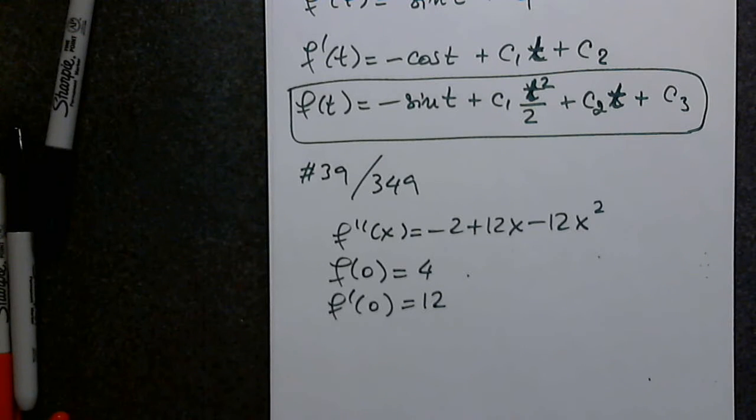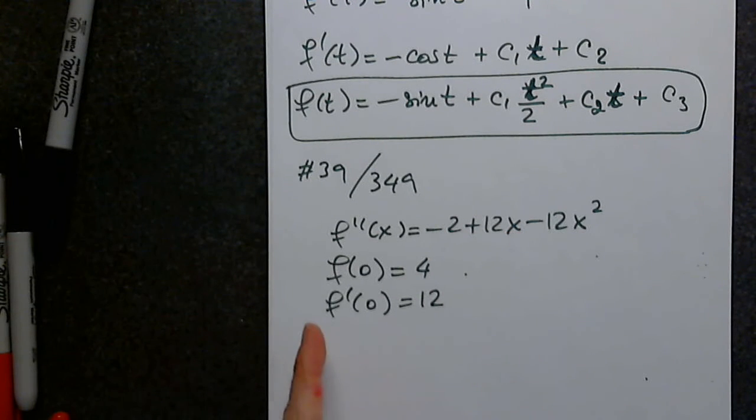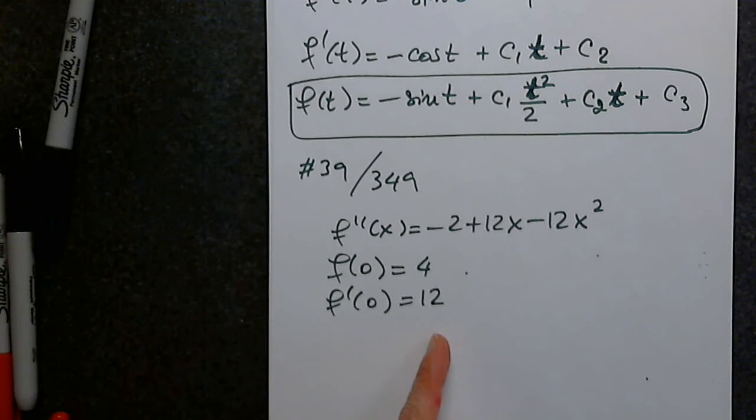We are specifically told find the function f. I shouldn't say the antiderivative. I should say find the function f because we have to go through 2 steps. Find a function f that has the second derivative this, but also fulfills 2 other conditions. F of 0 is 4 and f prime of 0 is 12.